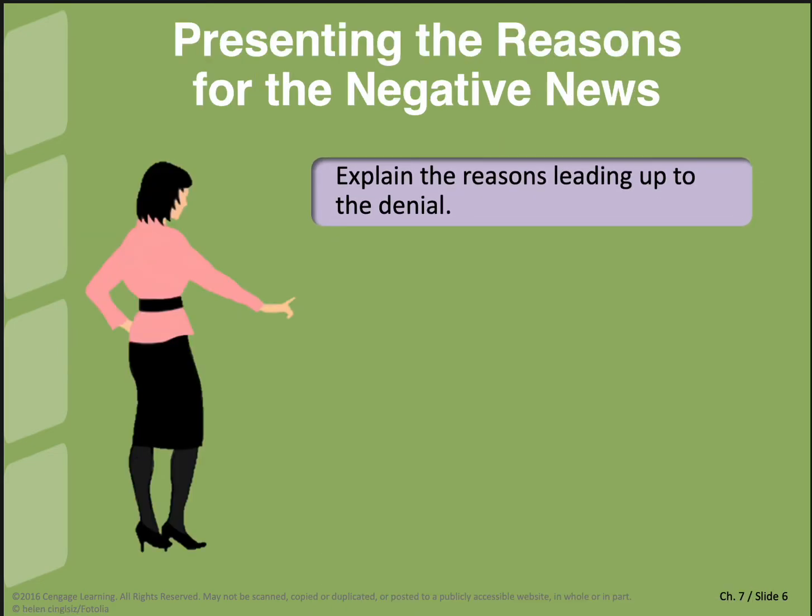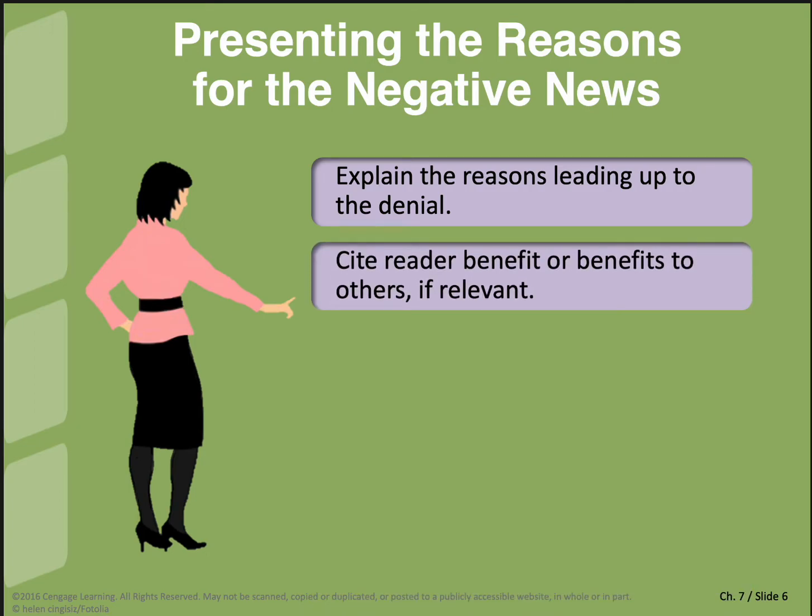When you present your reasons for the negative news, explain them in detail leading up to the denial. Make sure that you cite reader benefits or benefits to others if relevant. This is a good place to give logical reasoning that your reader might agree with. For example, if you can't give a refund, maybe it's because by not giving cash refunds, you're able to keep your prices low.